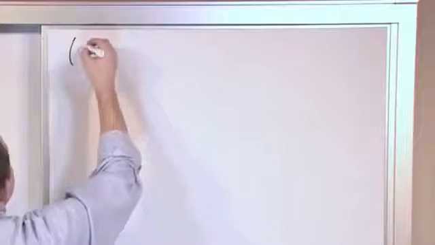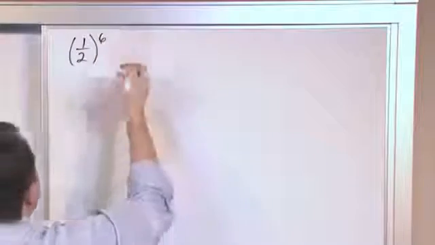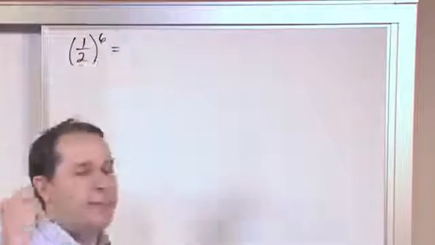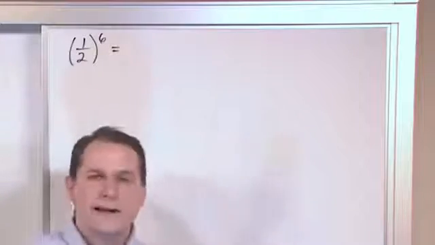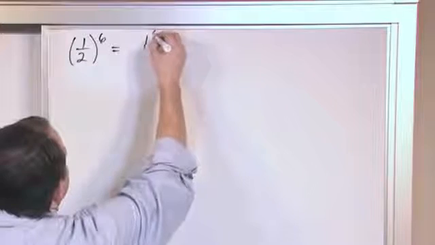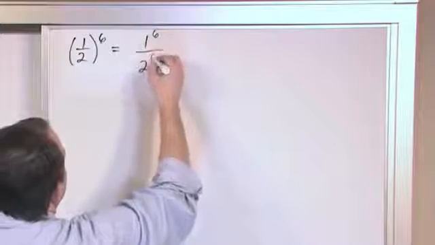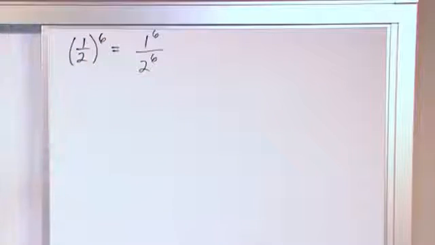All right, so let's do one more of those to drill that in. If you had the fraction 1/2 and you raise that to the 6th power, you could say 1/2 times 1/2 times 1/2 times 1/2 times 1/2 times 1/2. You can write all that out, that's no problem. But we can also write it as 1 raised to the 6th power over 2 raised to the 6th power. We can apply this exponent to the top and to the bottom when we're raising fractions to exponents like this.